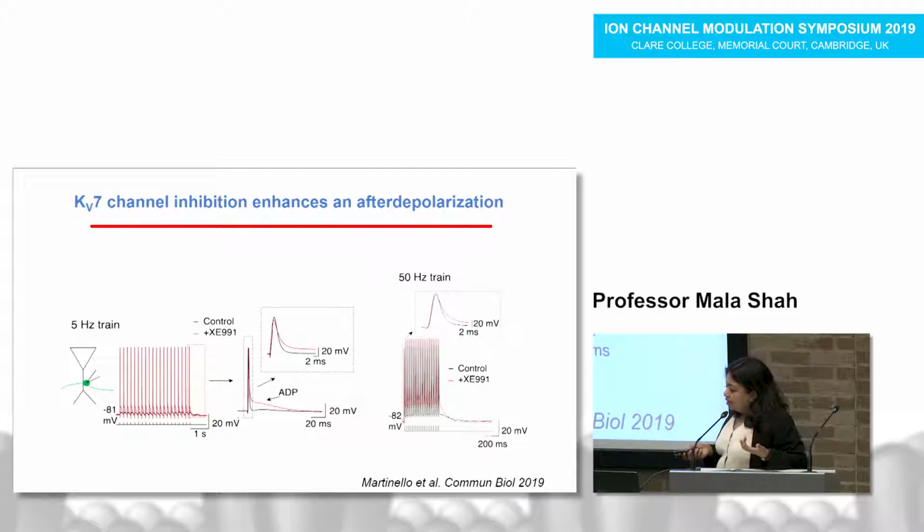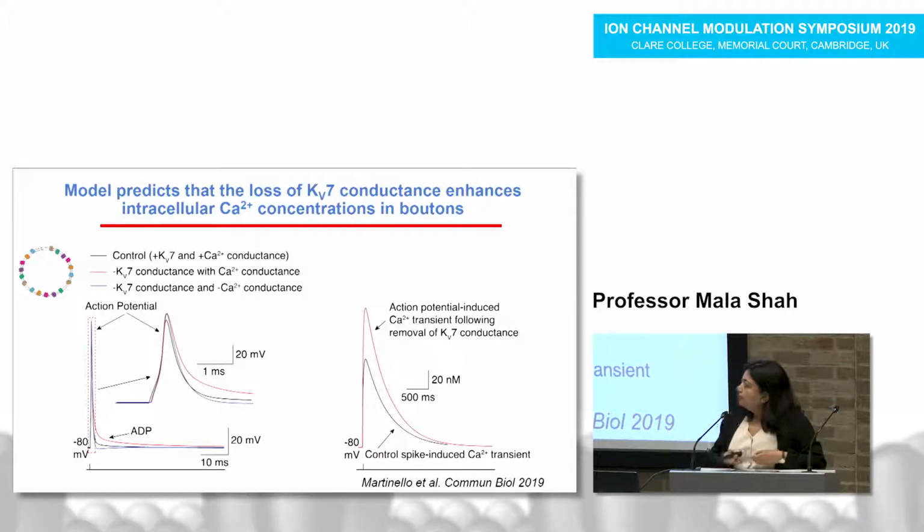So why might this be happening in the bouton? What we decided to do again was to construct a computational model, in this case a single compartment model, with the known biophysical properties of all the channels in the multi-fiber bouton, and we added our own Kv7 conductance in there.